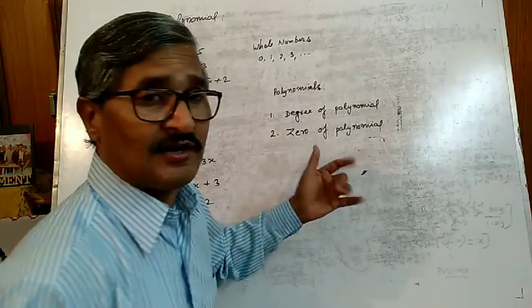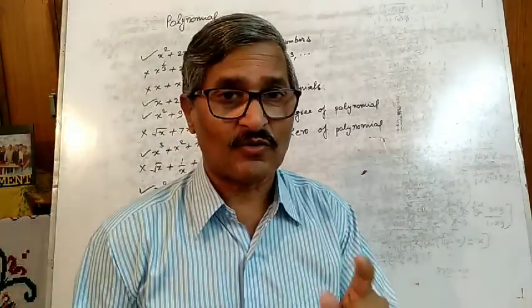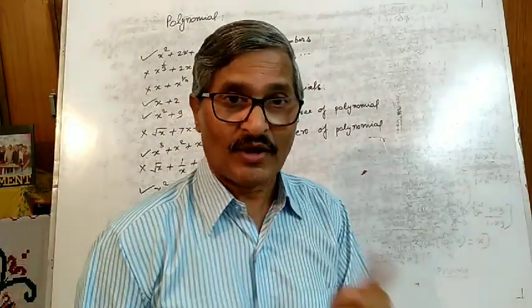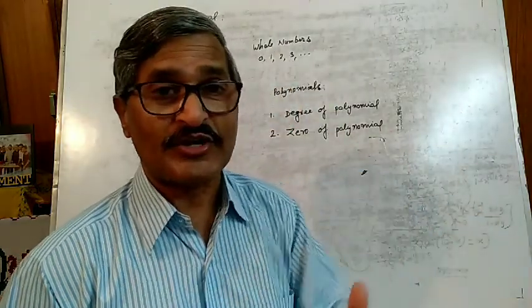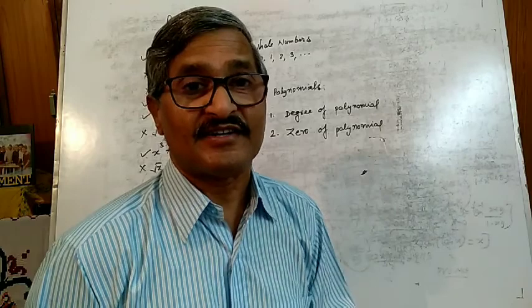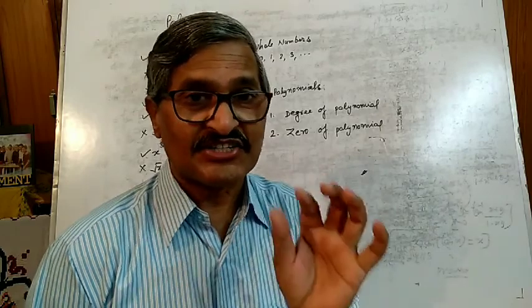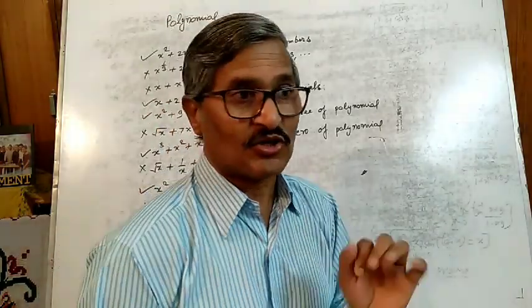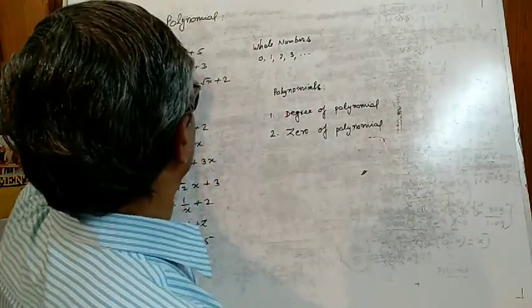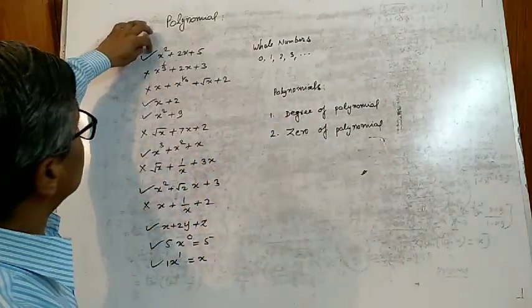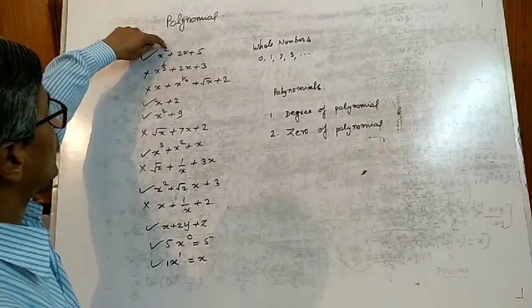Here again I am going to discuss for one variable polynomial. So highest exponent involving in that polynomial is the degree of the polynomial. So now you can decide degree of the polynomial, which are here polynomial. Here it is polynomial, highest exponent is 2.